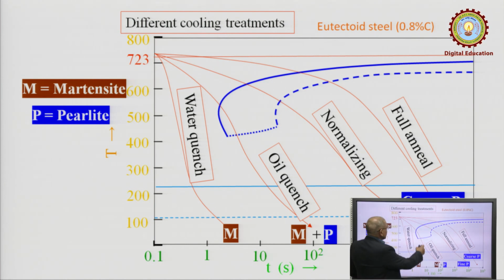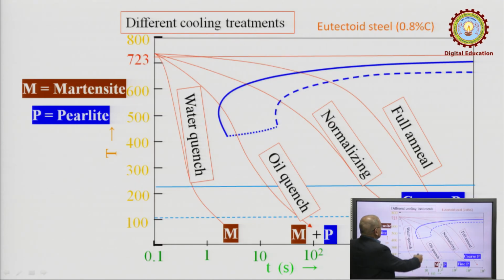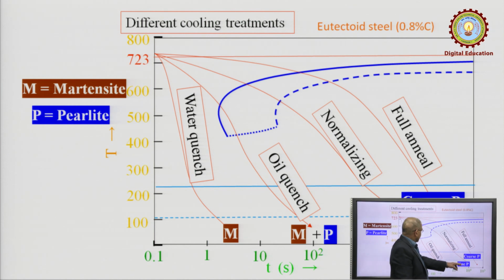That means transformation is taking place starting at this point and finishing at this point, and this region lies generally in the range of pearlite, coarse pearlite. Of course here it has been shown as fine pearlite, the temperature range is around 500.